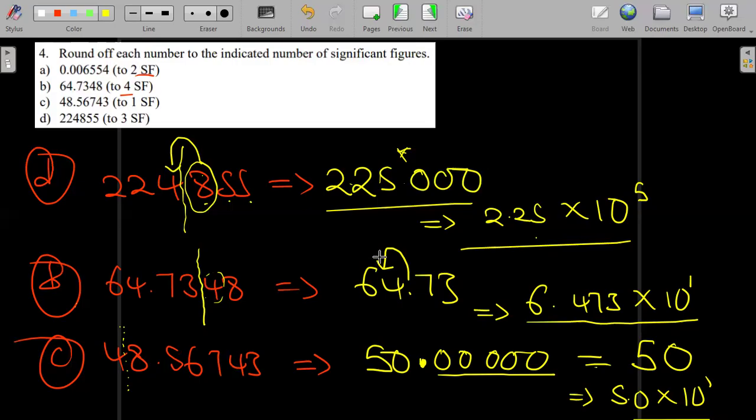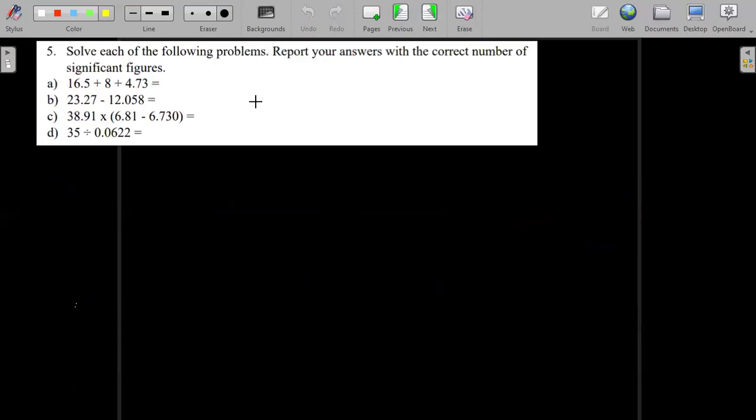Okay, no questions. I'll proceed to question 5. So question 5, we are adding, multiplying, dividing, and subtracting numbers with different significant figures. There you just have to know 2 rules that we are going to be using.